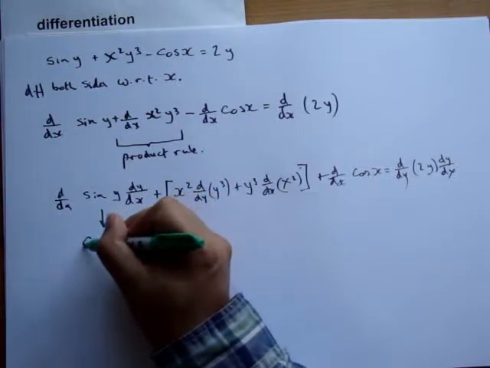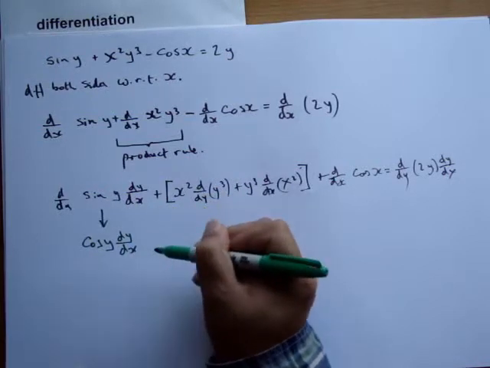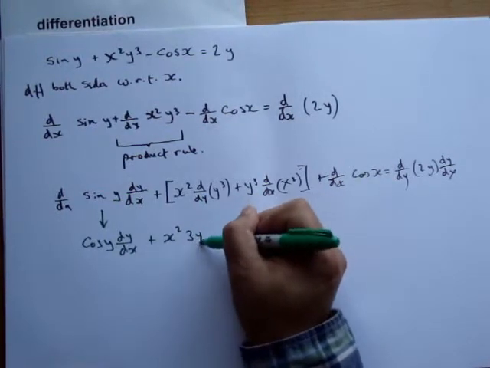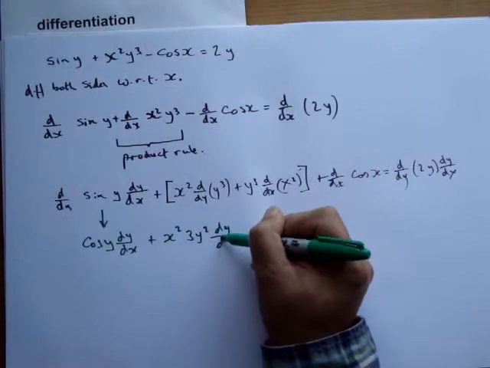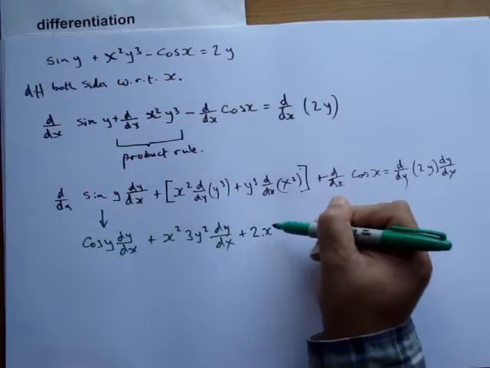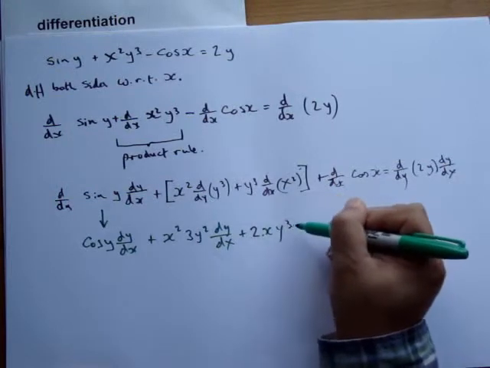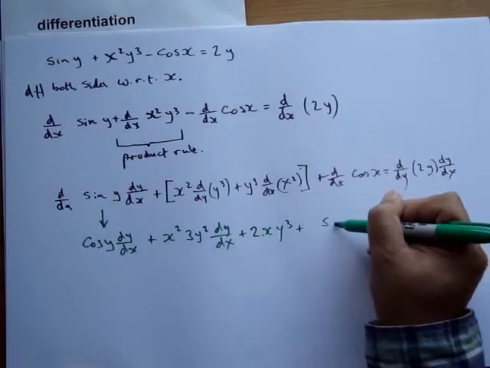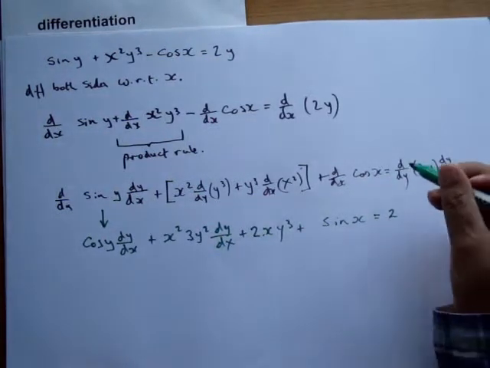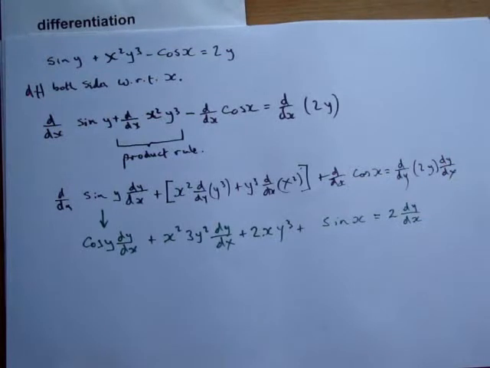That we get cos y dy by dx plus x squared 3y squared dy by dx plus 2x and then we've got the y cubed plus sine x equals 2 dy by dx.